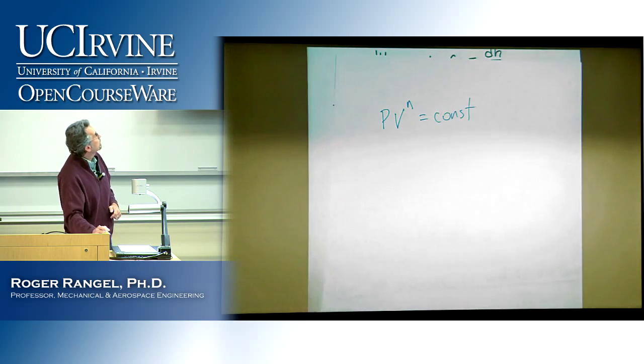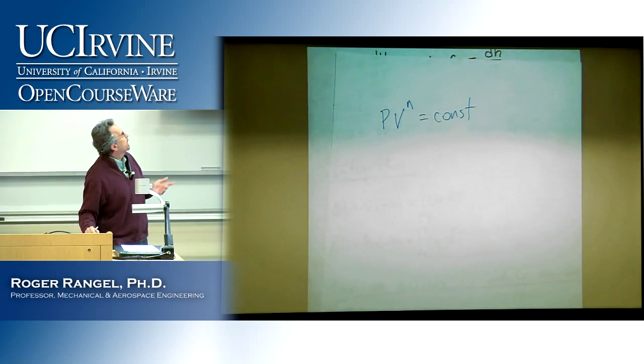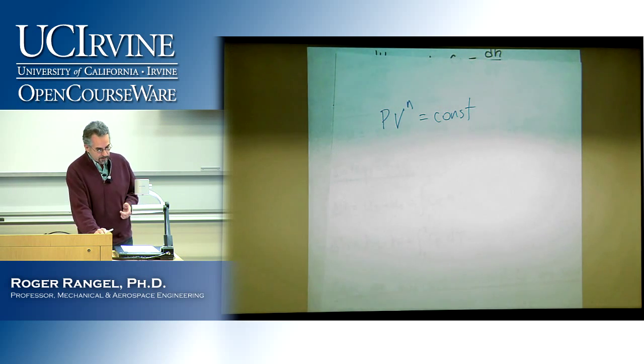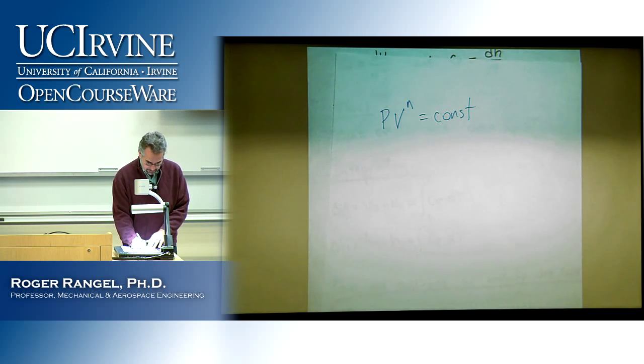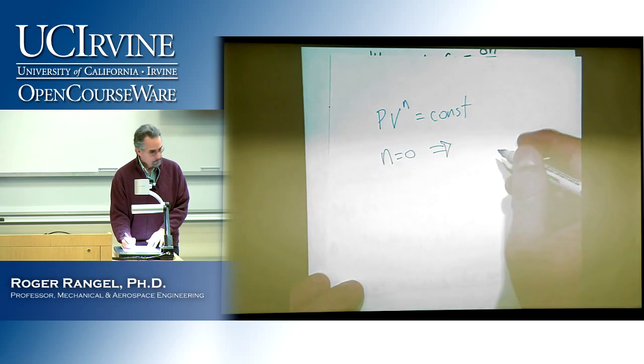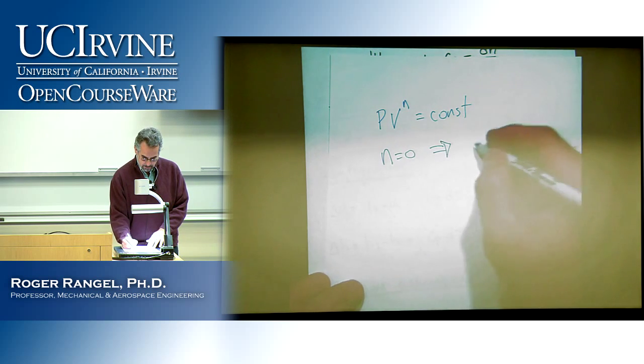An easier case is what happens if n is equal to 0. Then V to the 0 is 1, so it becomes P equals constant.